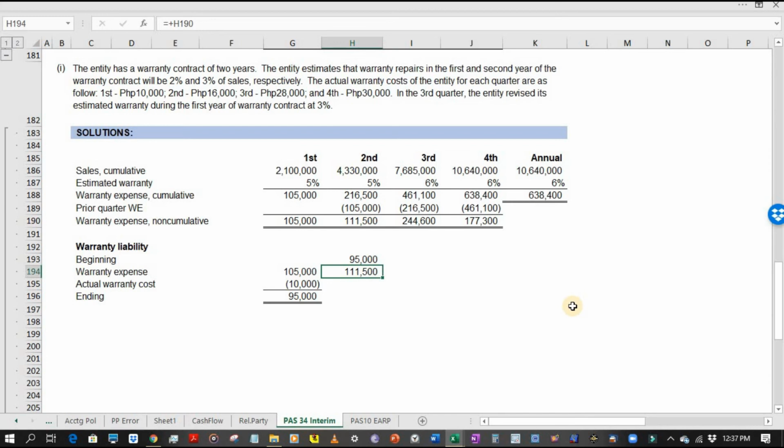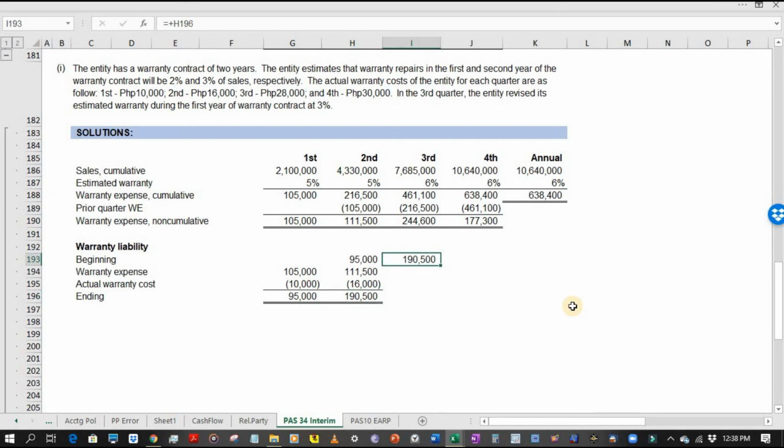And let us deduct the actual warranty cost spent in the second quarter, which is 16,000 pesos. So 95,000 plus 111,500 less 16,000, we have an estimated warranty liability that will appear in the end of the second quarter statement of financial position for 190,500 pesos, which will be the beginning balance for the third quarter.